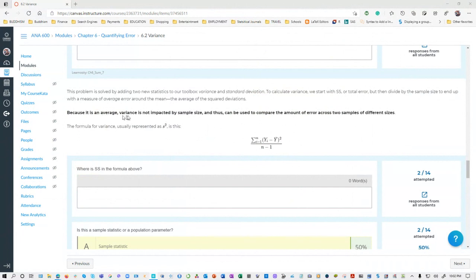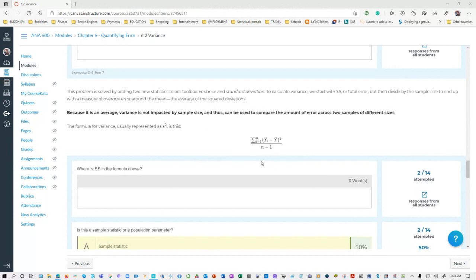Sample variance can be utilized because it is not impacted by the sample size, and thus can be used to compare the amount of error across two samples of different sizes. You can compare and contrast and see how much error there would be for different sample sizes by looking at the variance, because it is an average.